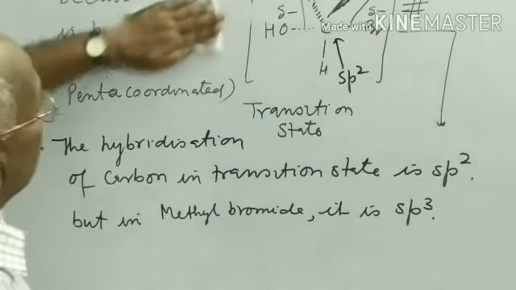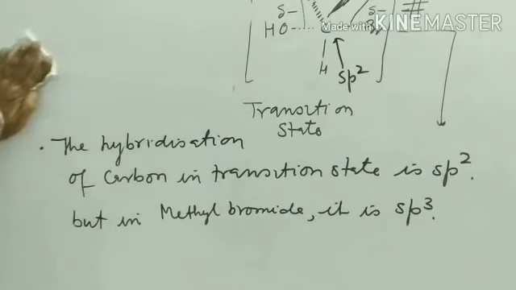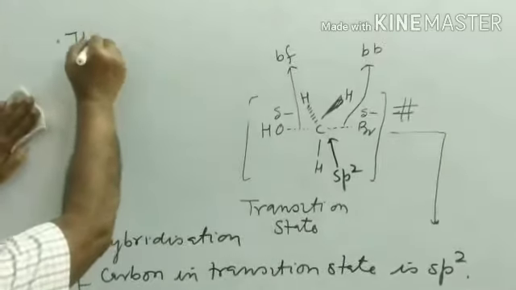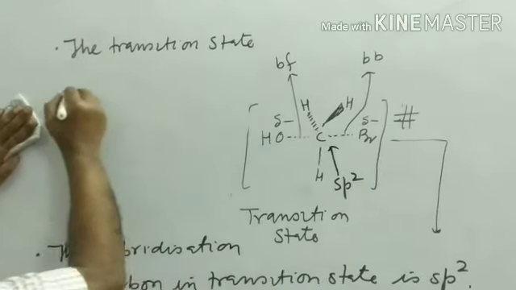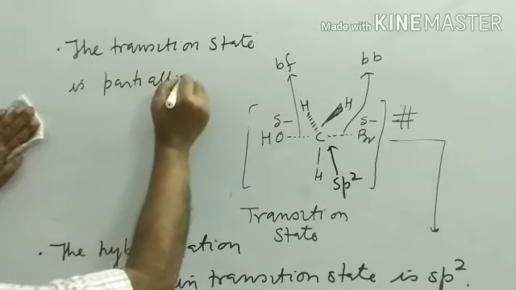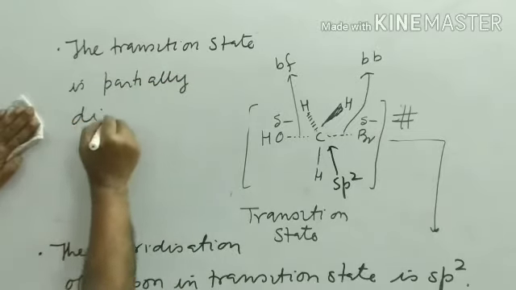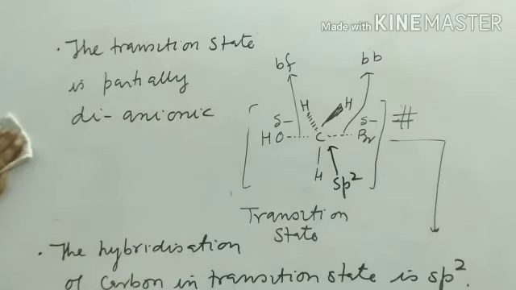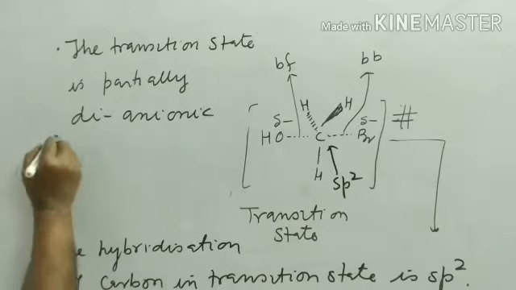The transition state is partially dianionic, that is, negatively charged.